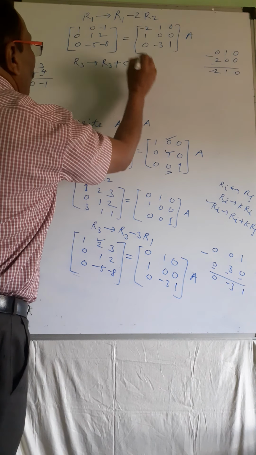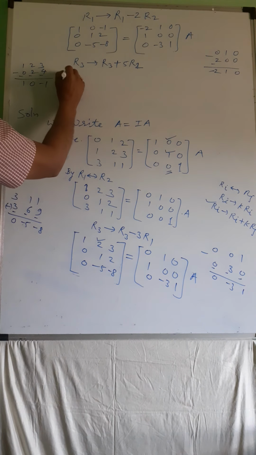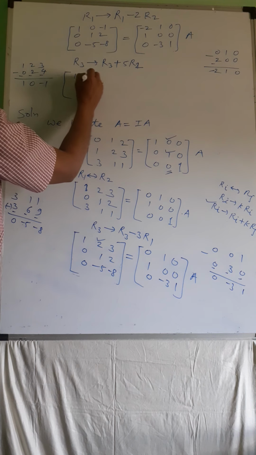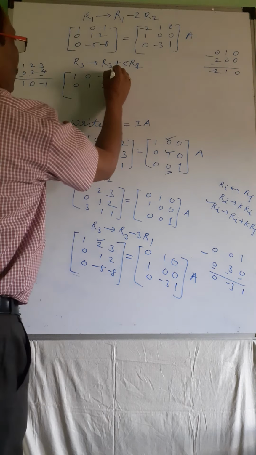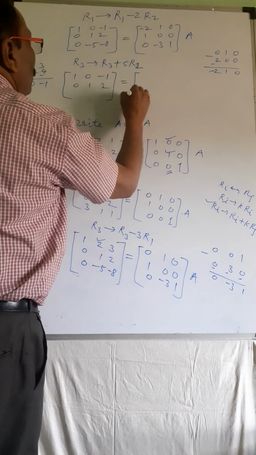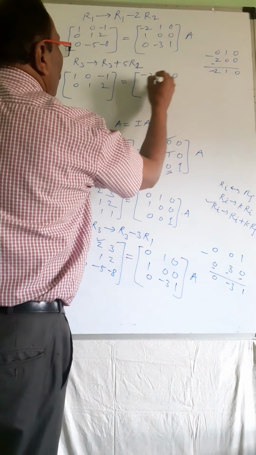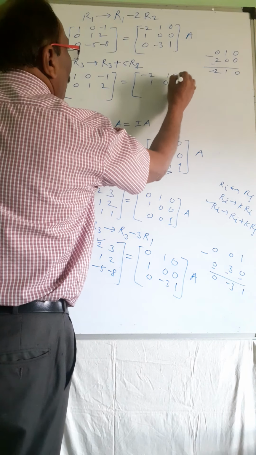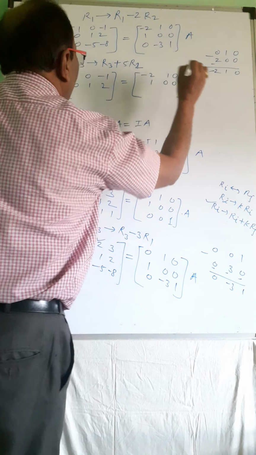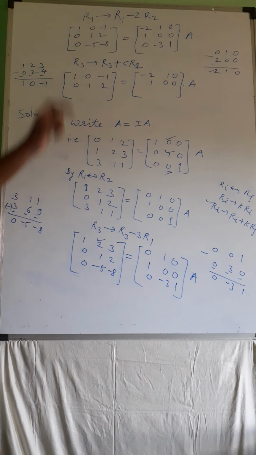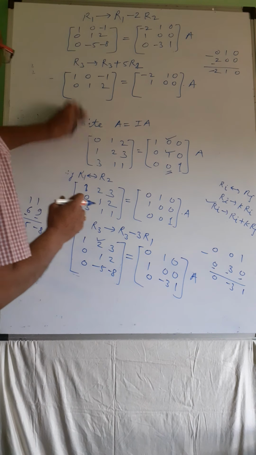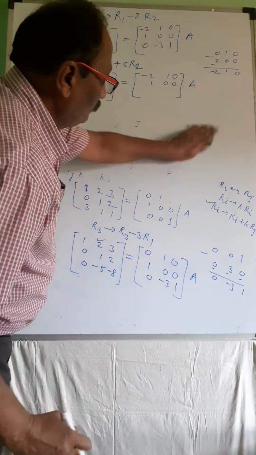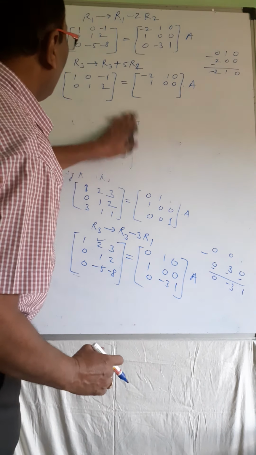Here 1 is there, R2. Means R3 will change. Therefore, we write first row, second row as it is. Then is equal to first row, second row into A. R3, what is R3?